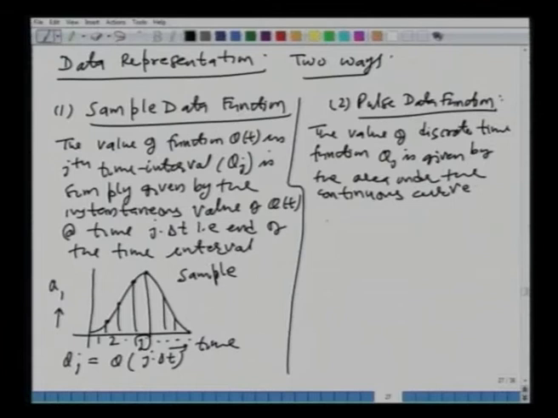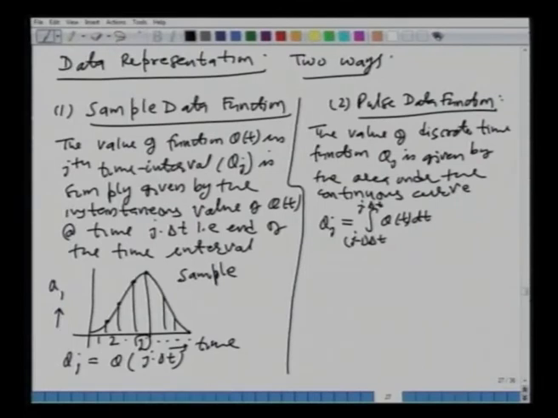Okay. That is to say, your qj is equal to the area under the curve, and that curve is that function is qt, and j is the time interval. So, we run the integration between j minus 1 delta t and j delta t.